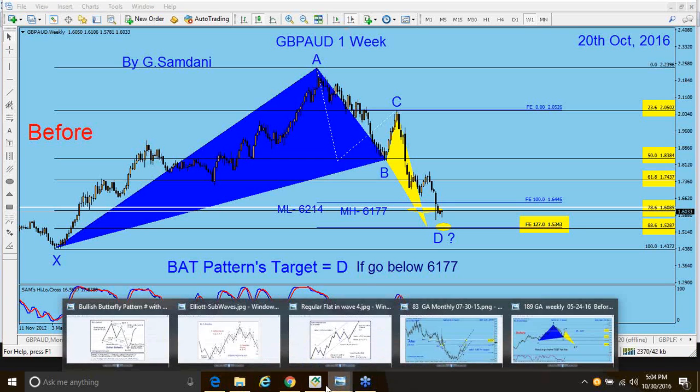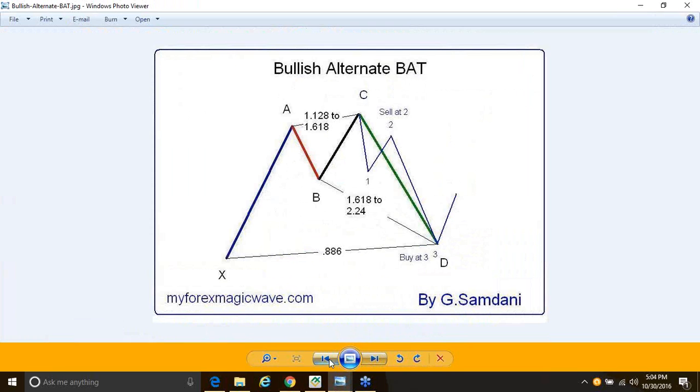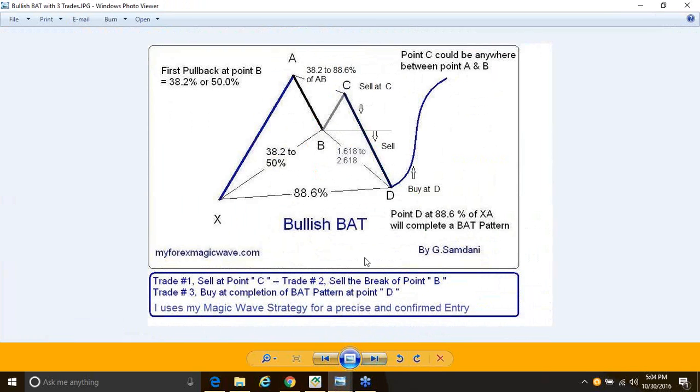If I go back here and look for a bat pattern calculation, this requires that the B point should be between 38% or 50%, not more than that. For a butterfly pattern, the B point must be 78%, right? But for a bat pattern, it should be around 50% most of the time.